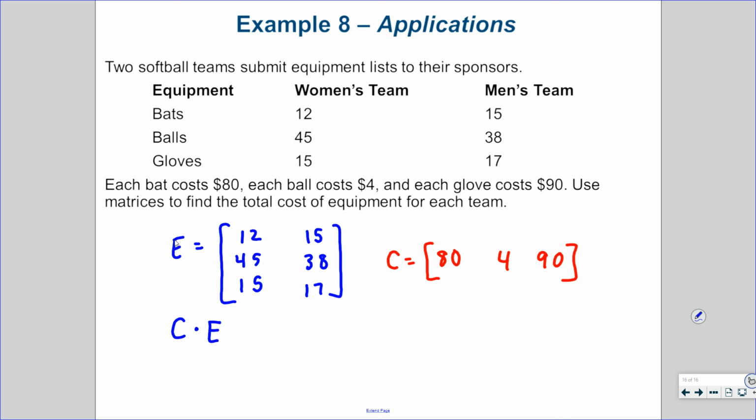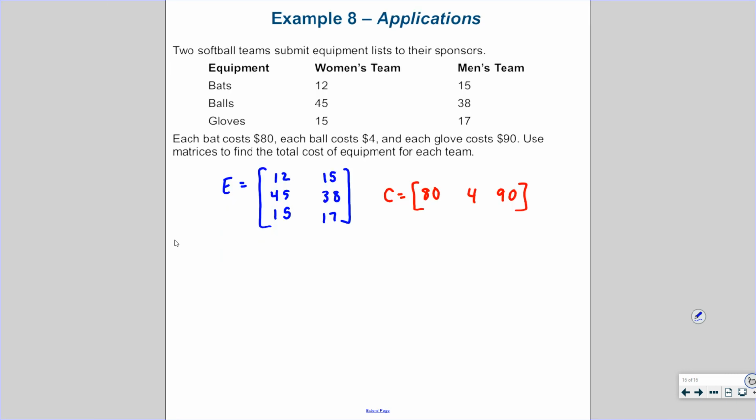How come we can do this? Isn't it 3 by 2? This one's a 1 by 3, and this one's a 3 by 2. So we're going to do C times E. Now we can do it.